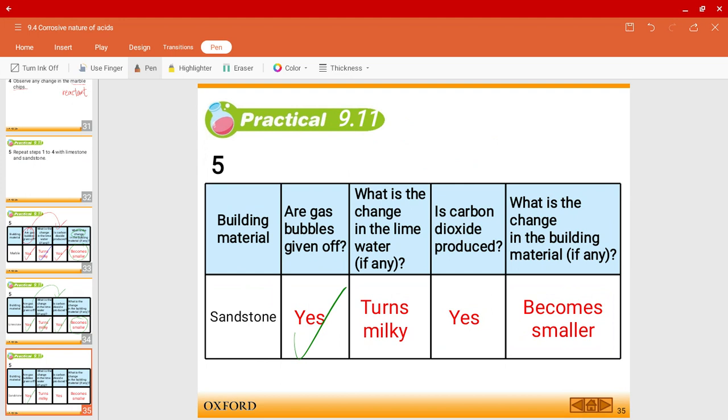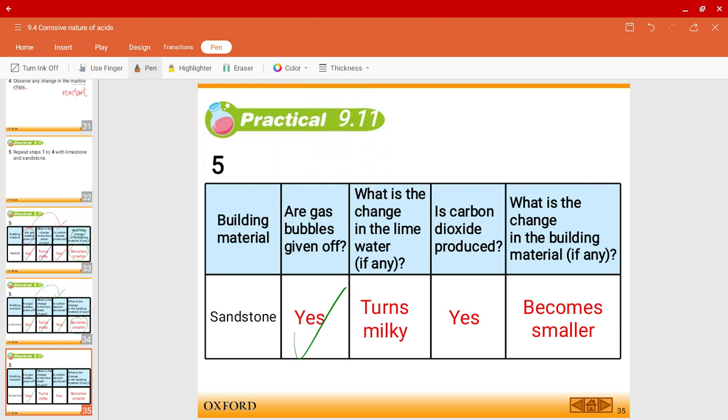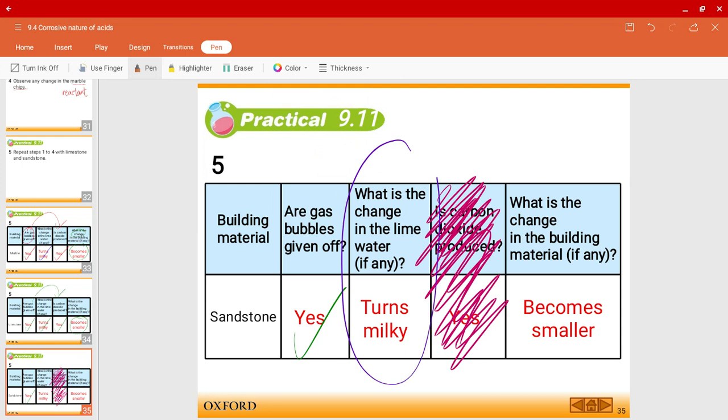One more thing: what if I don't know the gas bubbles are carbon dioxide? How can I be sure that it's indeed carbon dioxide? From the second column, I would know that the lime water turns milky. I'm certain of this because I could see it. What type of gas would turn lime water milky?